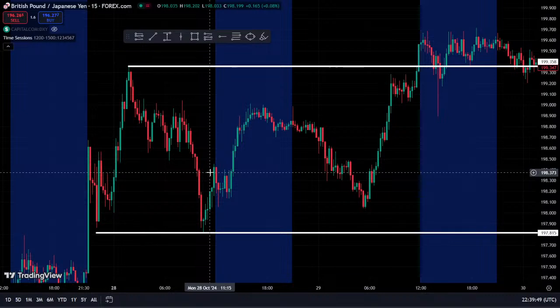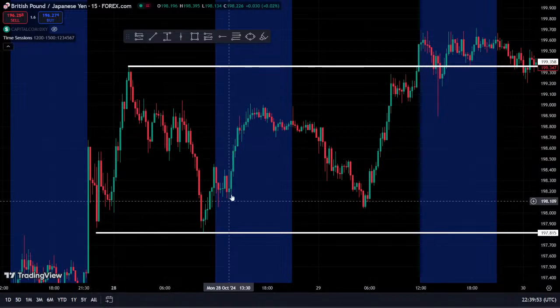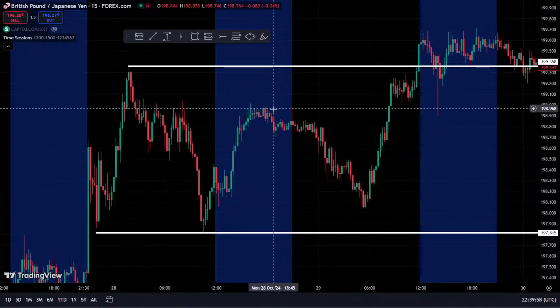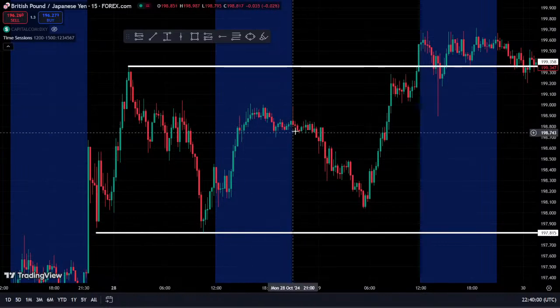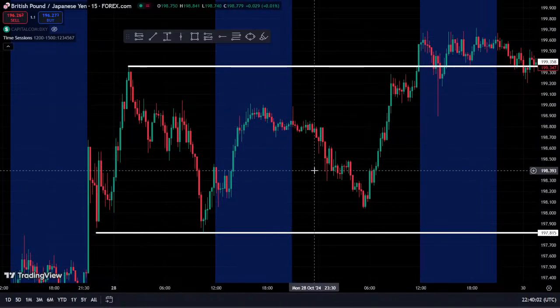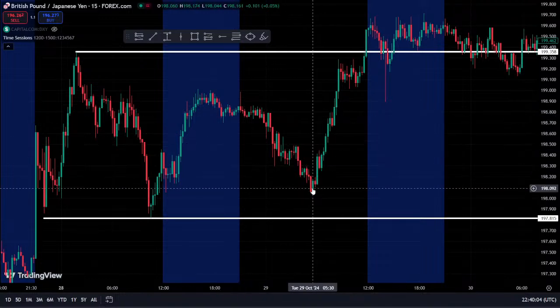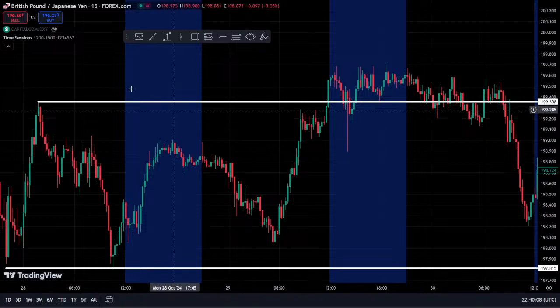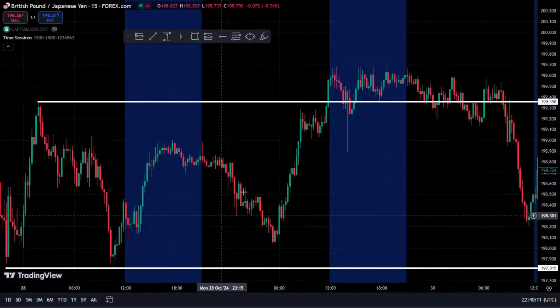You can see it's an uptrend, but there's no liquidity yet to take advantage of. This goes up, then eventually goes down, but there's nothing logical to trade off of. So this would be a bad day to trade on.